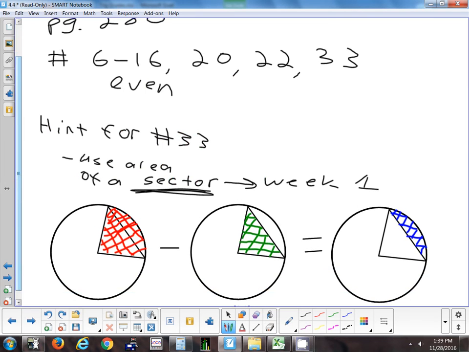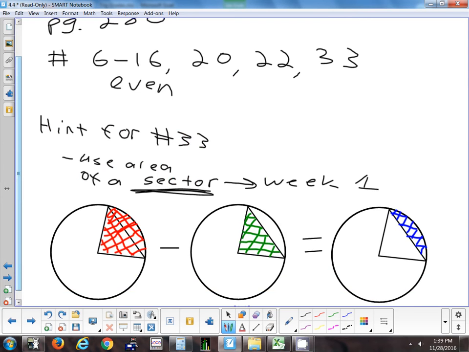Okay, they want you to find what I shaded in blue. And the only way to do it is to find what I have shaded in red, find what I have shaded in green, and subtract the two from each other. Does that kind of make sense? Like if you take what's in red and you subtract what's in green, you'd be left with what's in blue.